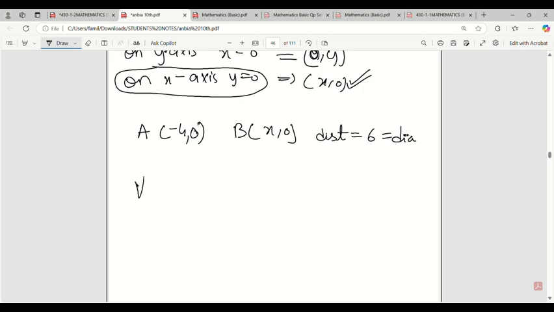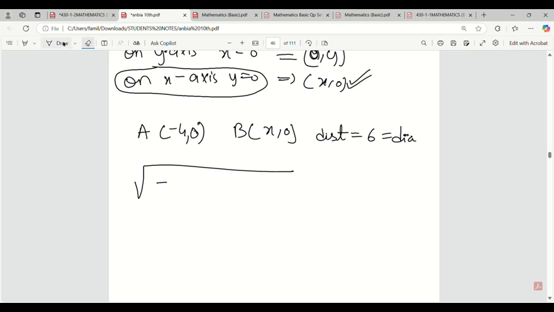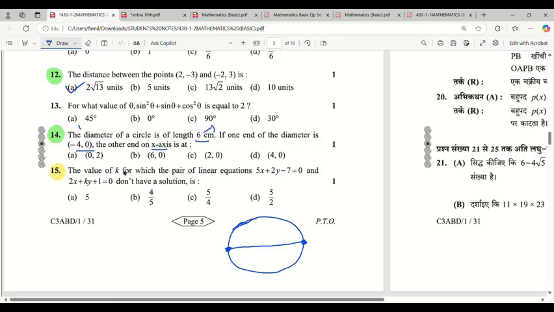Now one thing we need is to use the distance formula. Under root of x2 minus x1... Let us change it a bit. Check the options: do we have any option with minus 2?